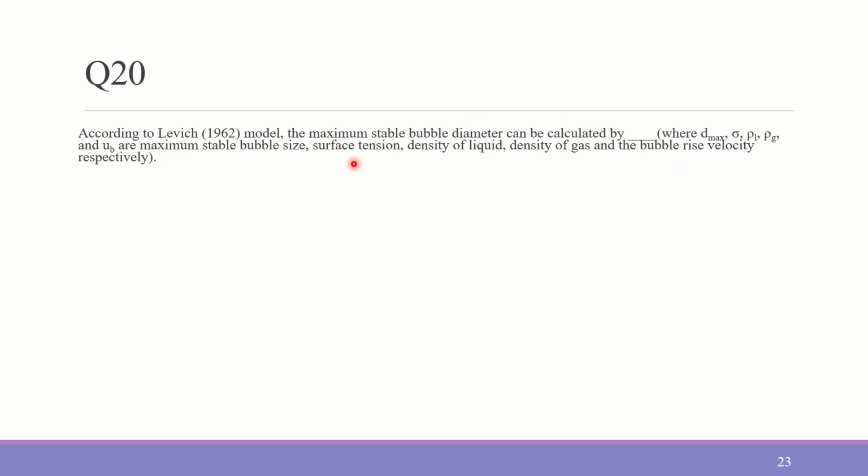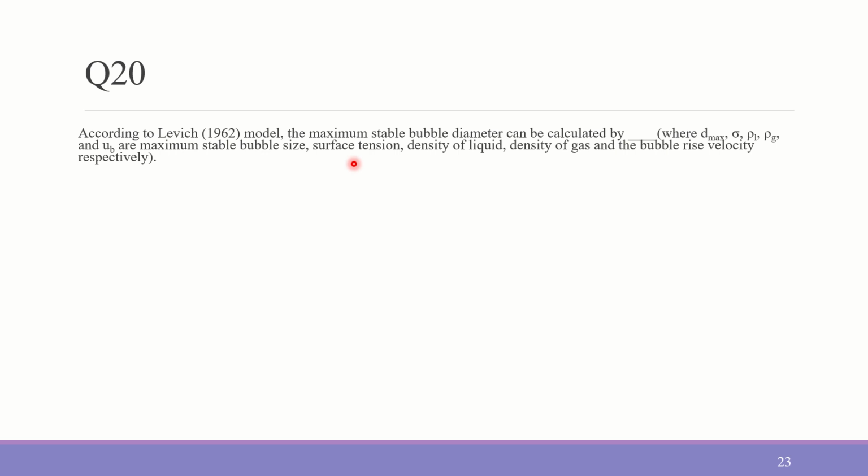So according to the Levich 1962 model, what is the maximum stable bubble diameter and what is the equation to calculate that?